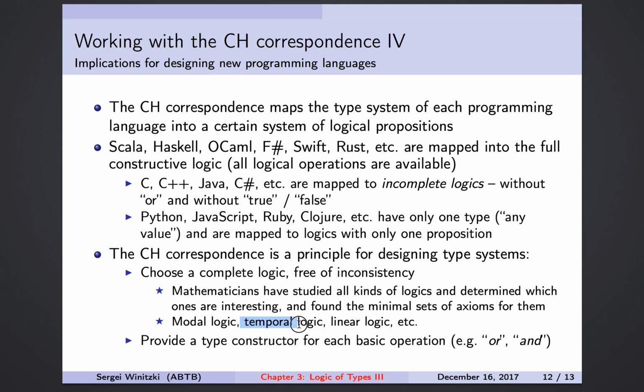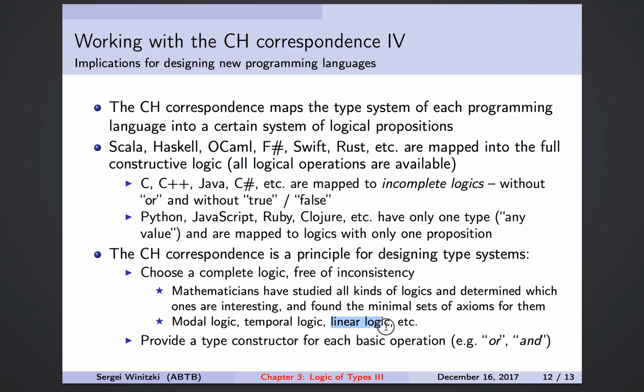For example, temporal logic is at the basis of functional reactive programming. So the idea is to implement a language where this is the logic of types. And if you do that, then you get the stream type for free. And it's very interesting to see that.